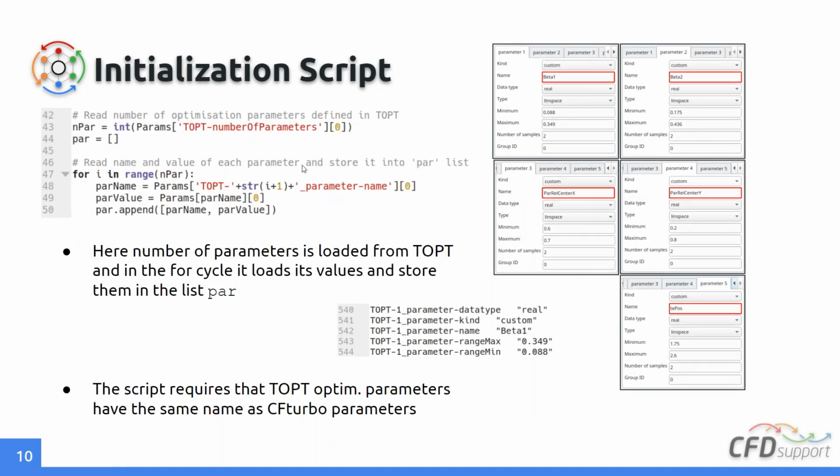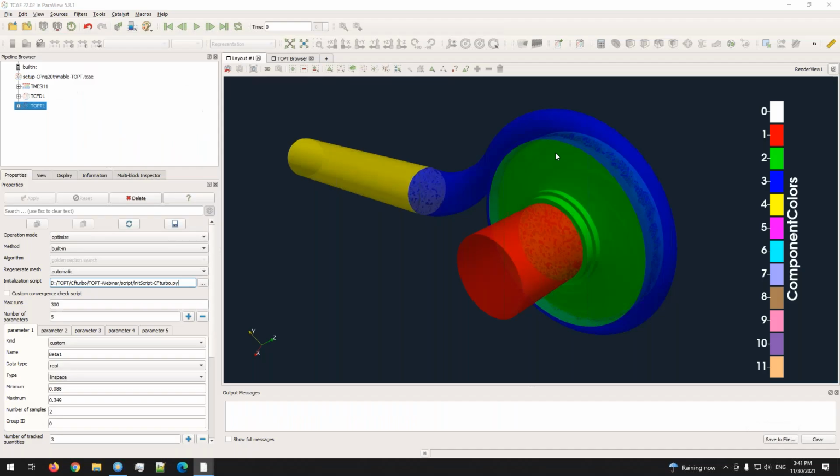All right, so here in this part we basically read the parameter names. So this must be somehow synchronized with CFturbo parameter names, and this name has to be defined in the TOpt. So I will show you.